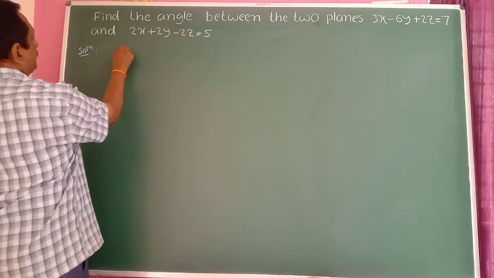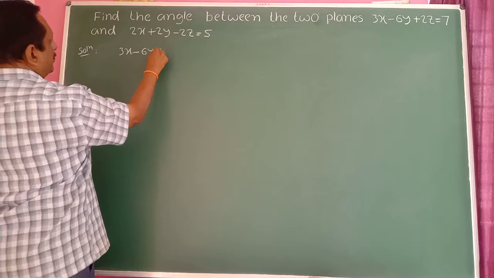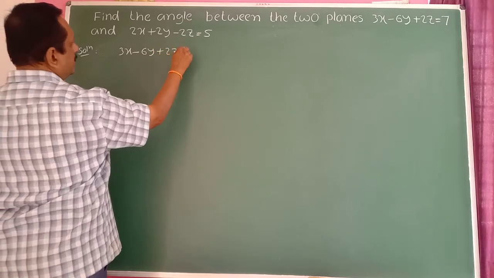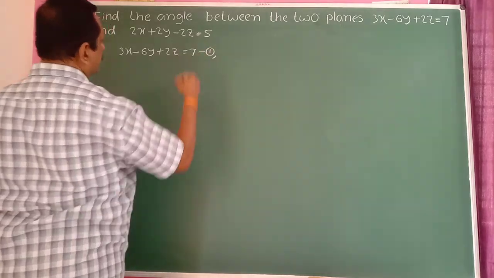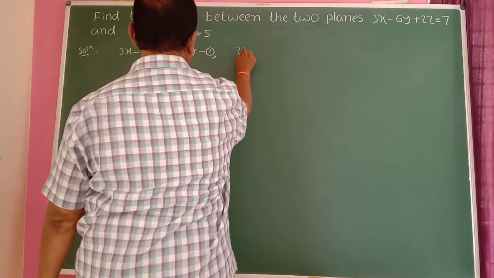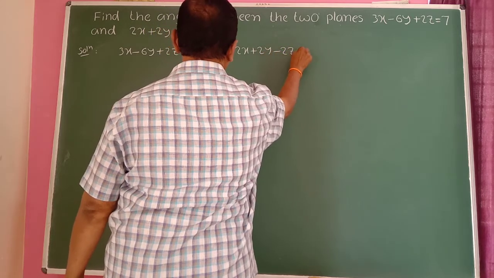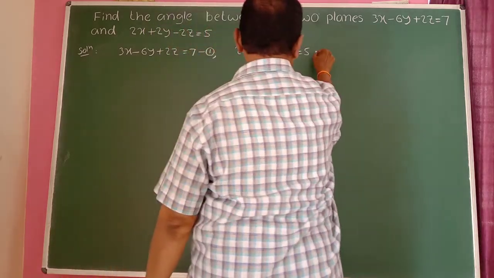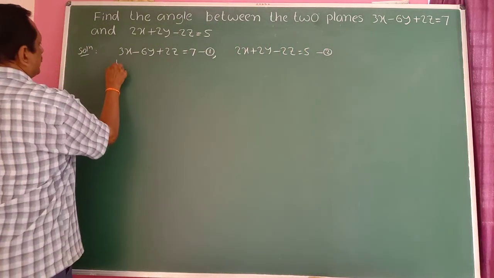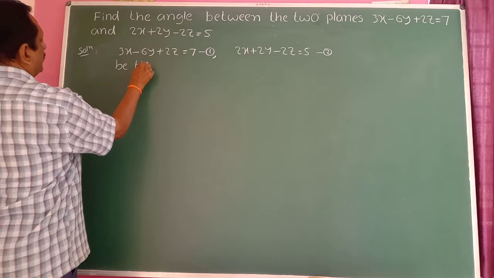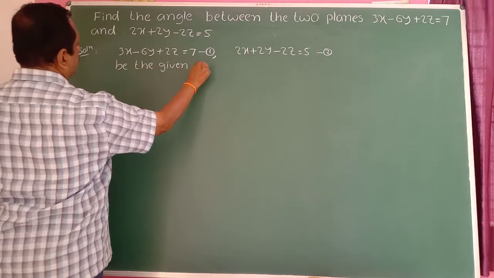So 3x minus 6y plus 2z is equal to 7 here. Take this one as equation number 1. Then 2x plus 2y minus 2z is equal to 5. Take equation number 2 with the given planes here.